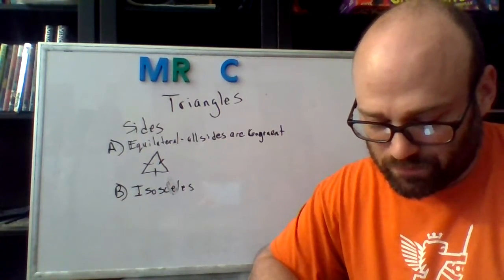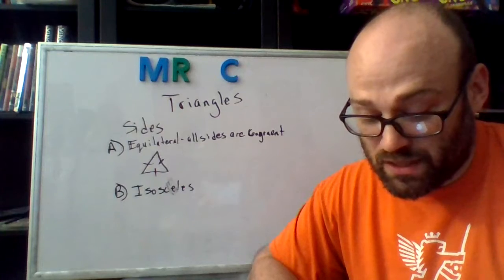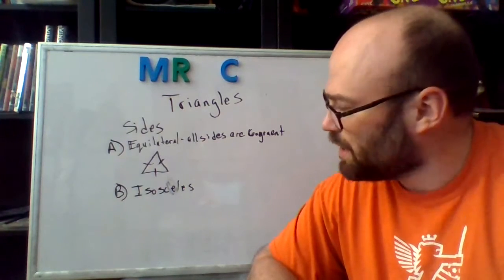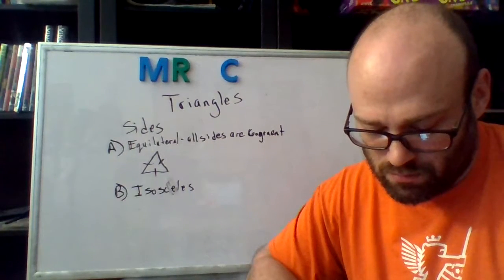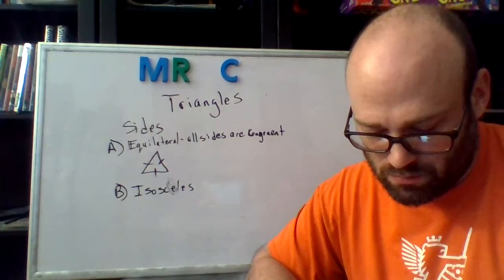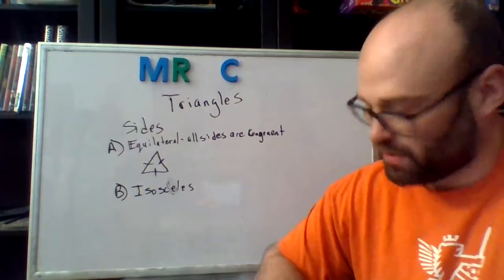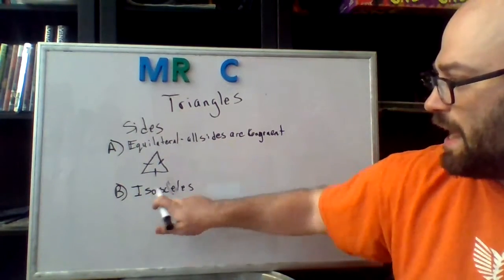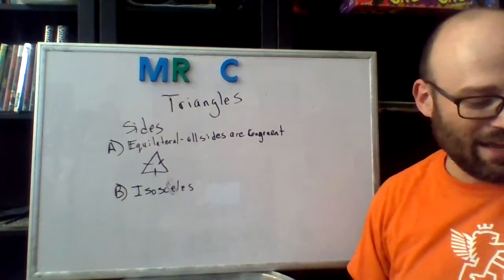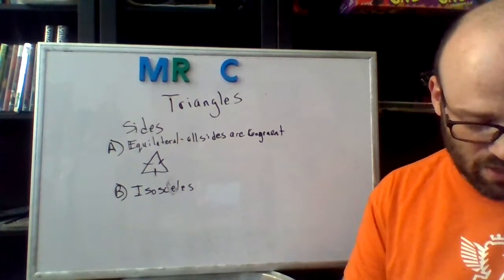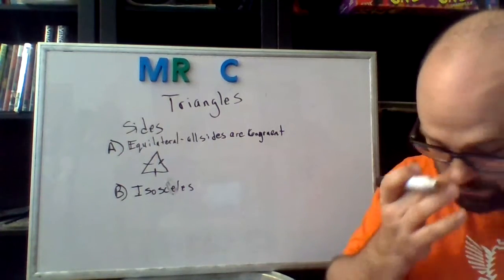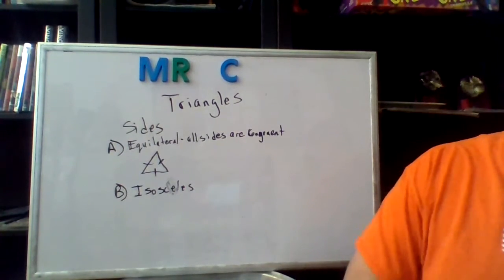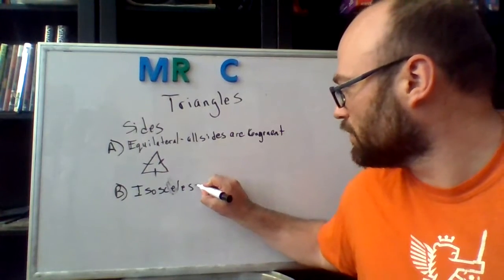This is why Miss Crane doesn't teach language arts. No, I spelled it correctly. An isosceles triangle is a triangle where two or more sides are congruent.